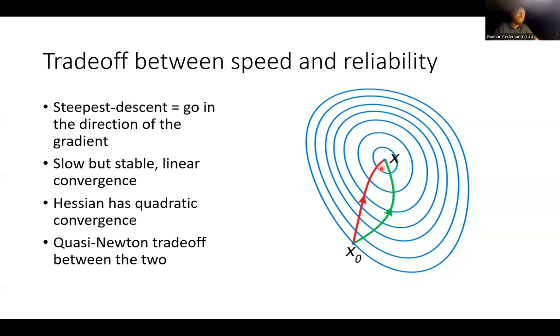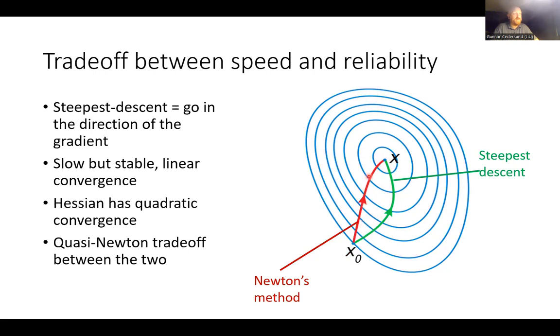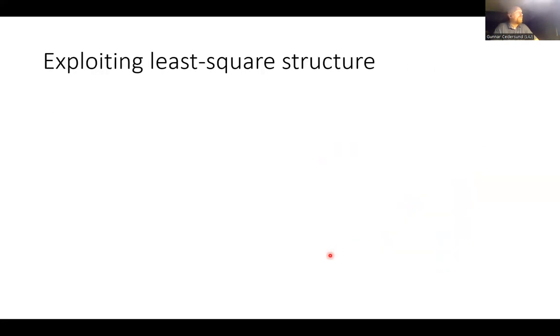But if you also make use of the Hessian, so the second derivative, then you see that this red line here is much faster. So the steepest descent is the one with the linear convergence, but this is a faster approach. And here it will go faster and faster. So that's the basis.